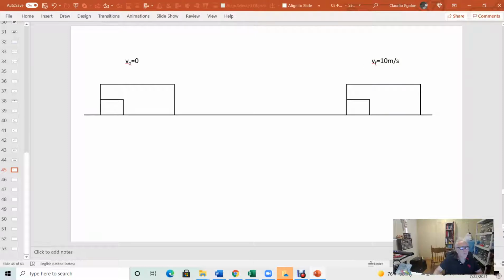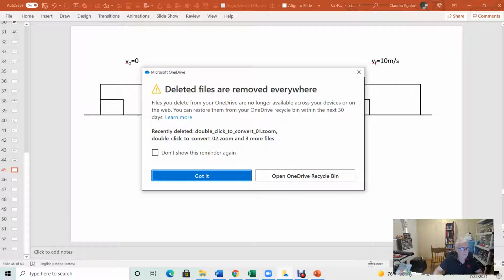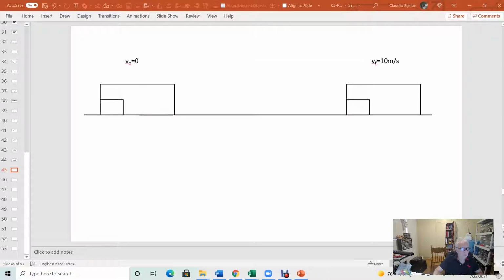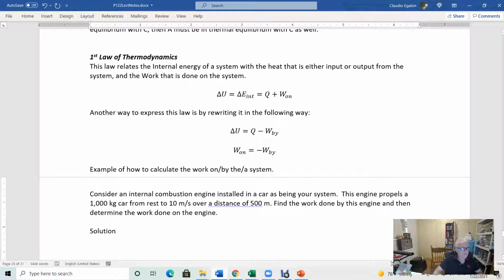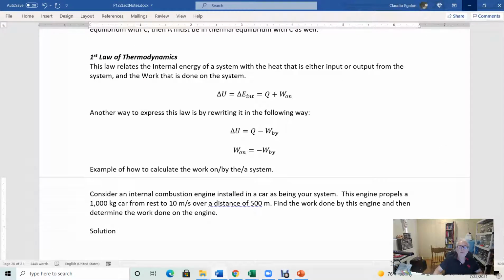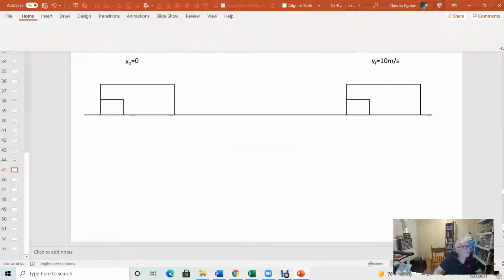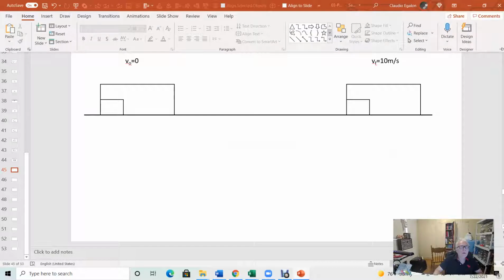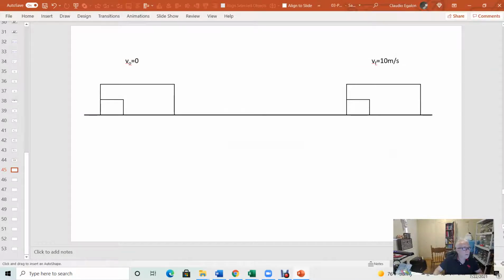We have solved this problem before in Physics 120. You move 500 meters. Let's go back to the drawing here, from the front of the car to the front of the car.